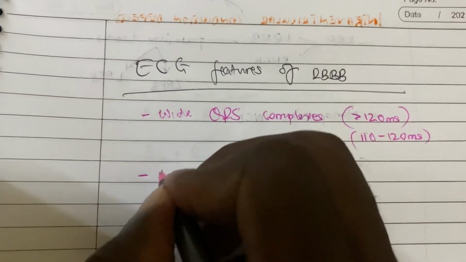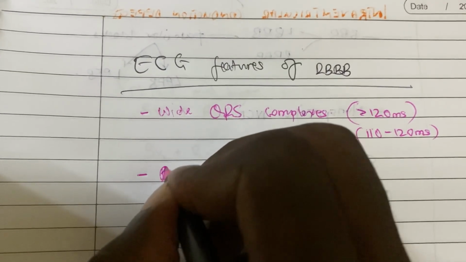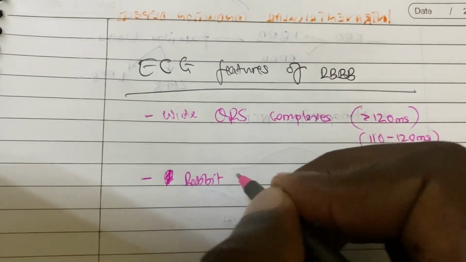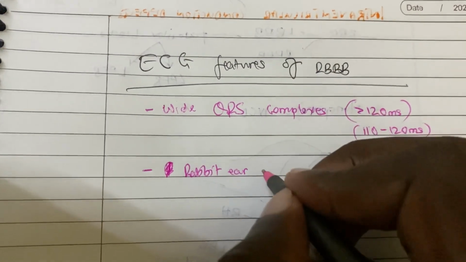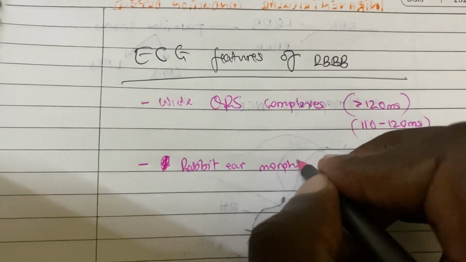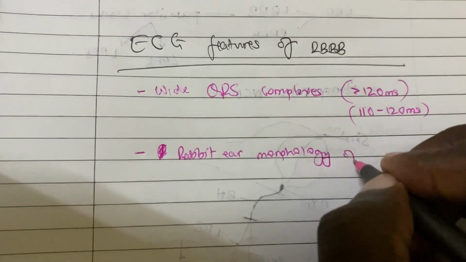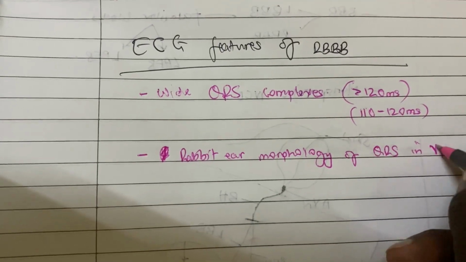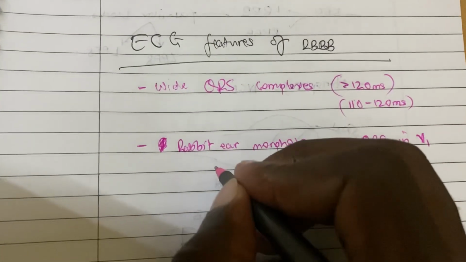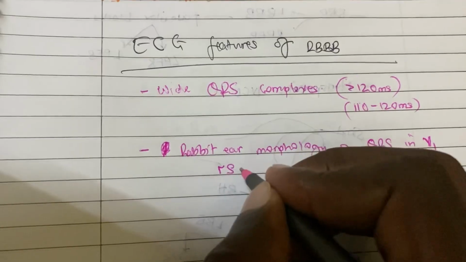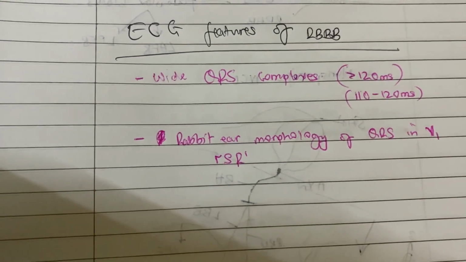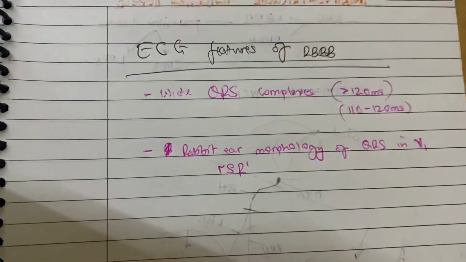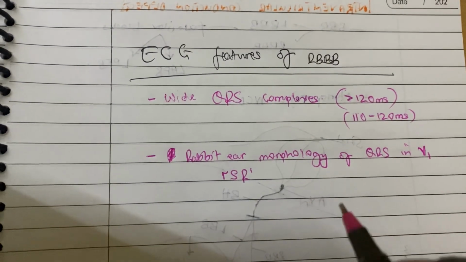We expect this morphology, rabbit ear morphology of QRS in V1, for example, a complex named as RSR prime. We have seen how it comes. So this one is needed.